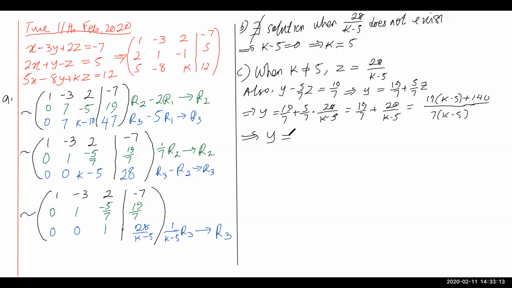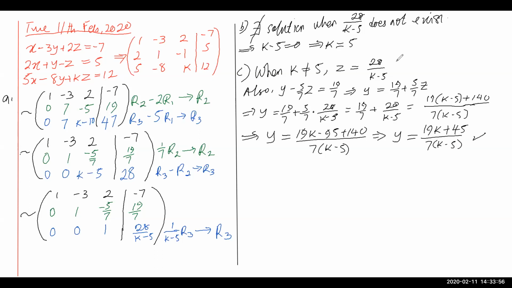So y will be, if you open the bracket, 19k minus 95 plus 140 divided by 7 times k minus 5. So minus 95 plus 140, what's that? Is that 45? Okay, so this implies that y equals 19k plus 45 divided by 7 times k minus 5.